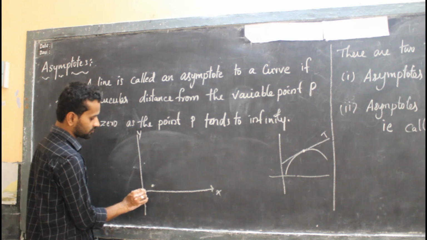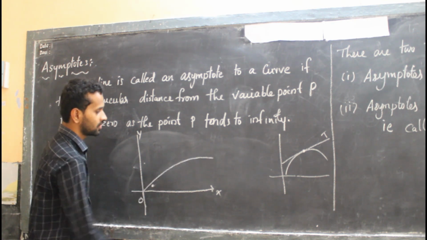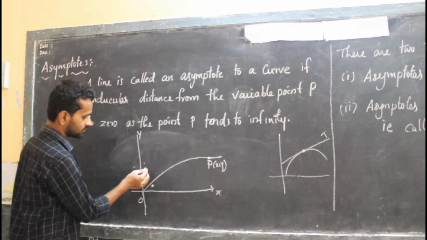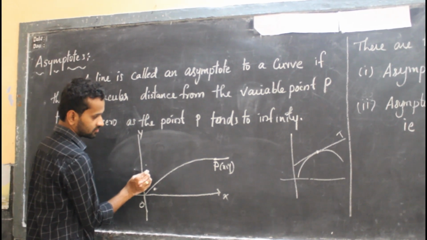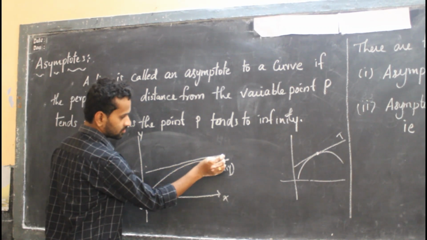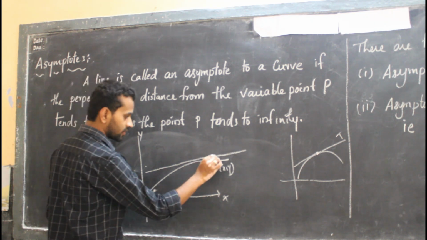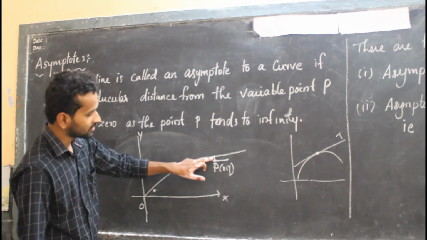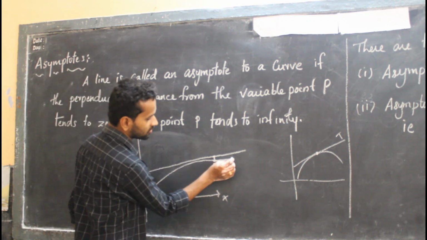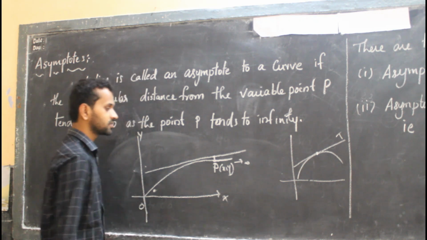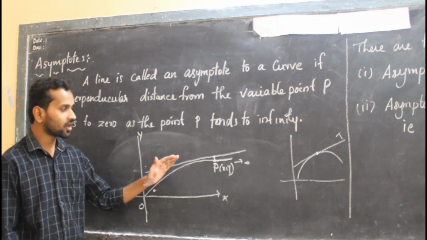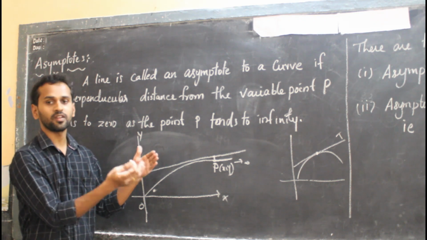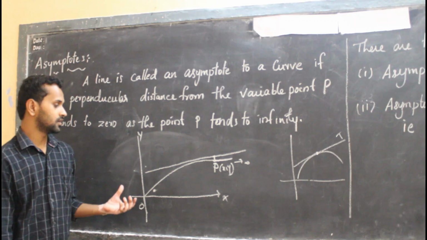I have a curve and a variable point P (x, y). An asymptote is a line drawn to the curve where the perpendicular distance from the point P on the curve to the line must tend to 0 as P tends to infinity. So we can imagine that the point comes close to the given asymptote line, but never actually reaches it. So this is the definition of asymptotes.